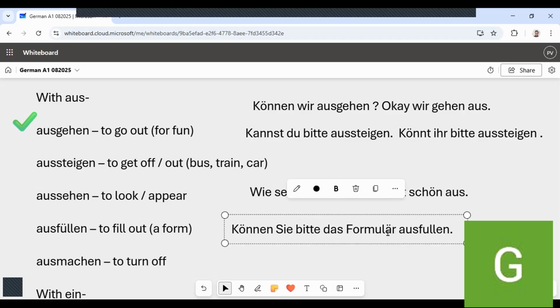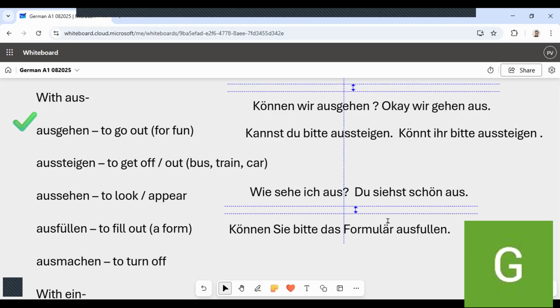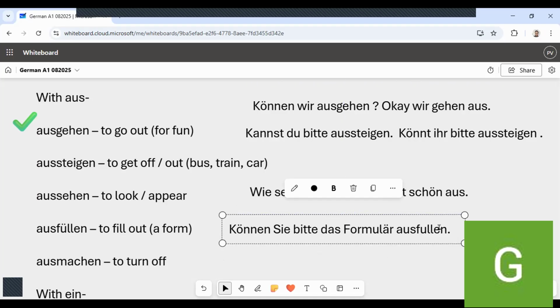Formular is form, a form. And ausfüllen, there will be an umlaut on the u. Can you fill a form?